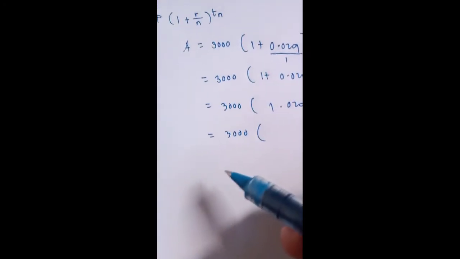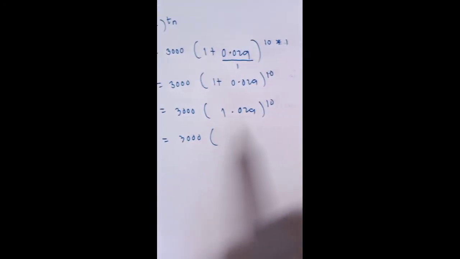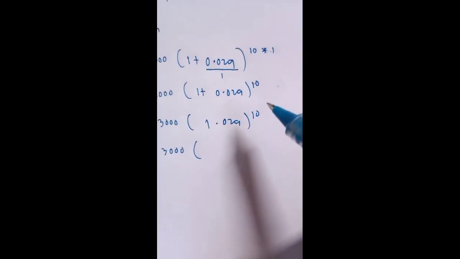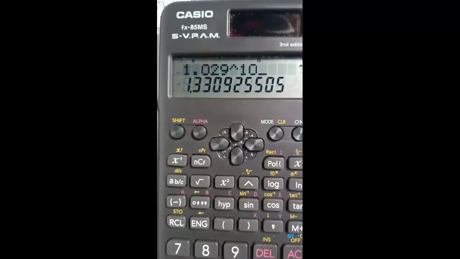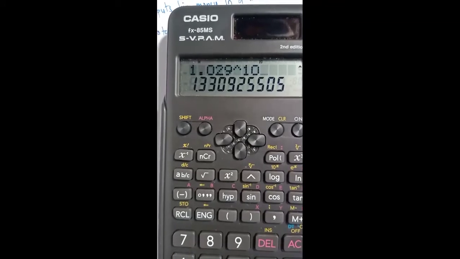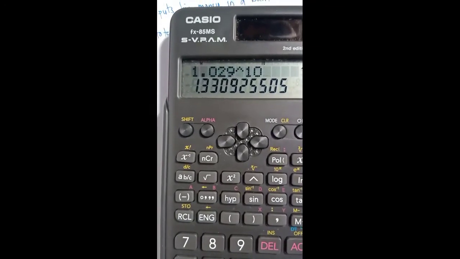And then 3,000 times 1.029 to the power of 10, and that will be 1.330925505.